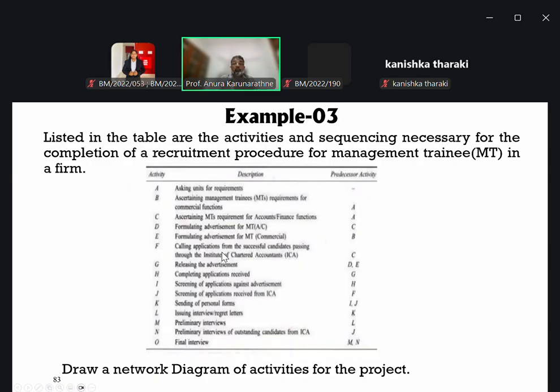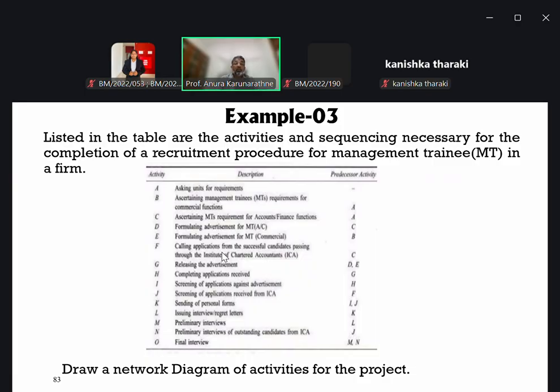Here, if you go to this one, you can see a number of activities, A to O. This is the process of recruiting management trainees in a firm.